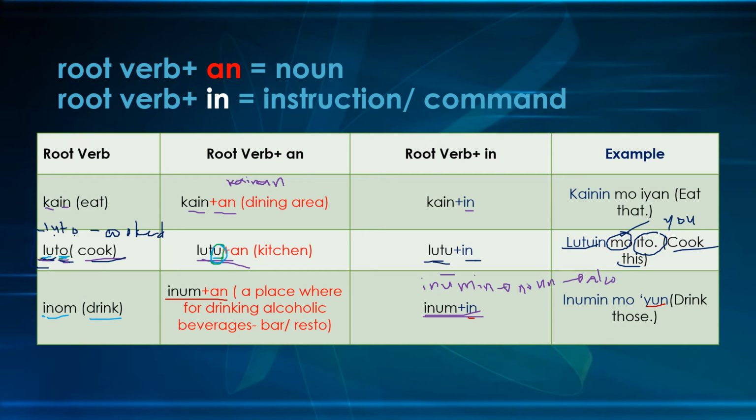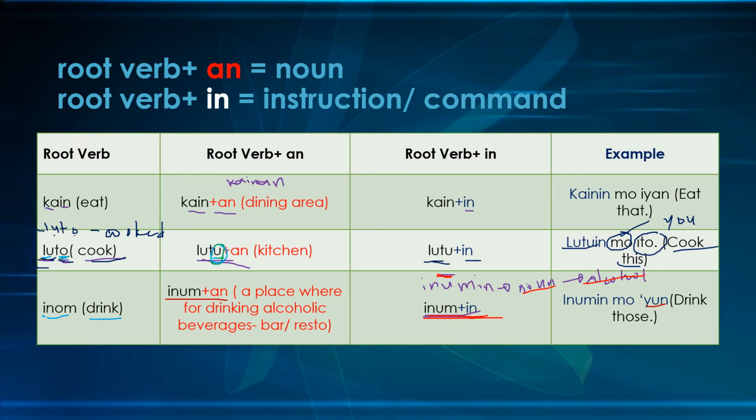Here we have more emphasis on this area. Inumin means alcoholic beverages. It's a noun. But if we pronounce it fast, inumin, it's like straight.